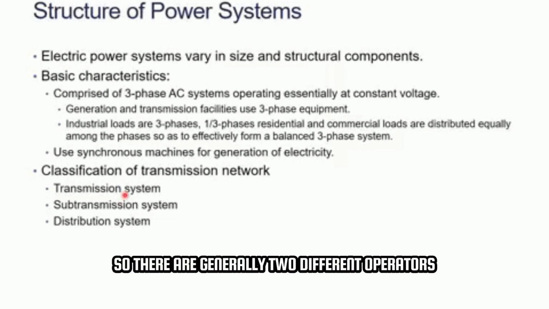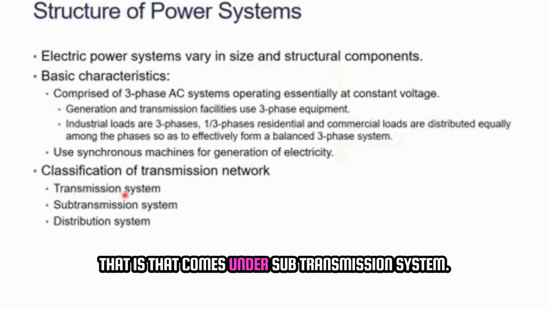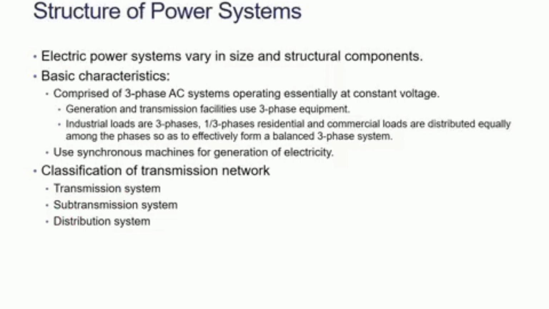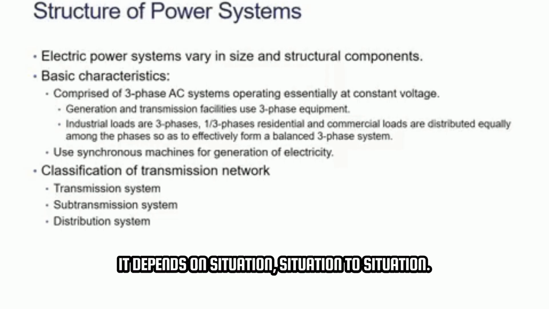So there are generally two different operators who take care of transmission and distribution. In between there is often an interconnection of a few transmission lines that comes under the sub-transmission system, and this sub-transmission system can be operated by either transmission or distribution. It depends on the situation.